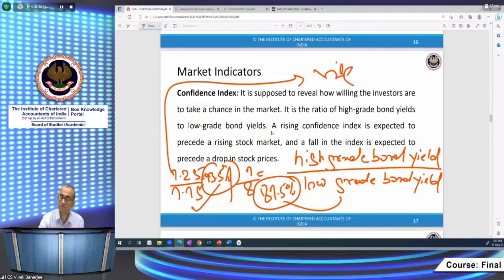In the other case, chances are the stock market will fall. Fine.